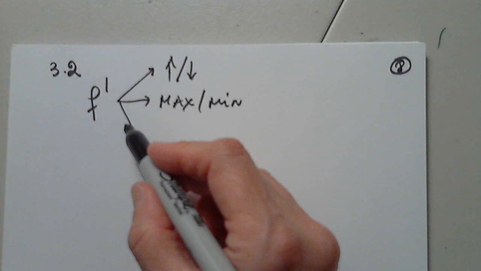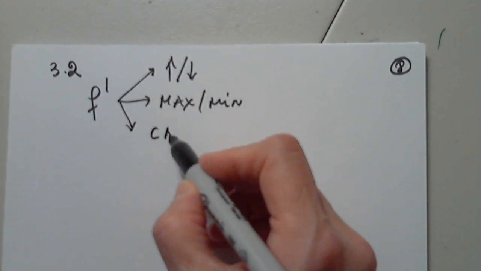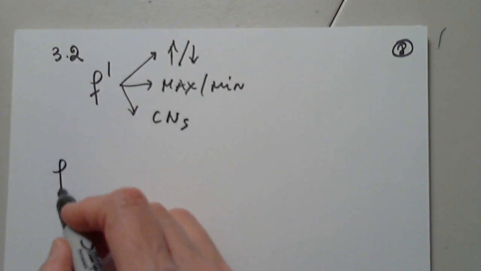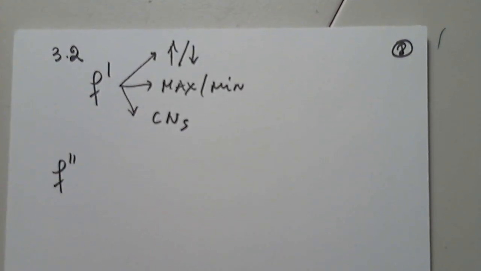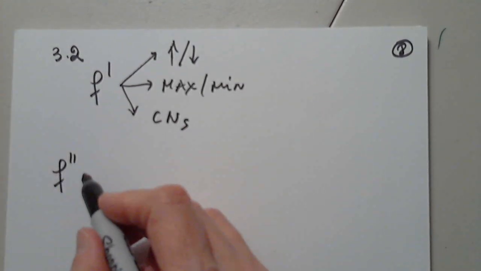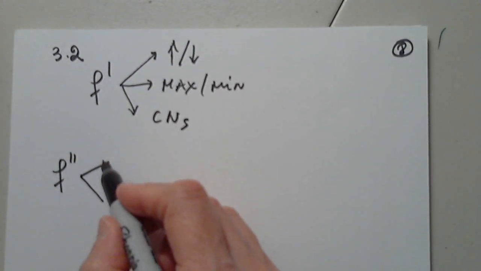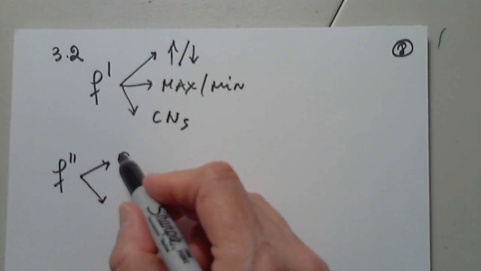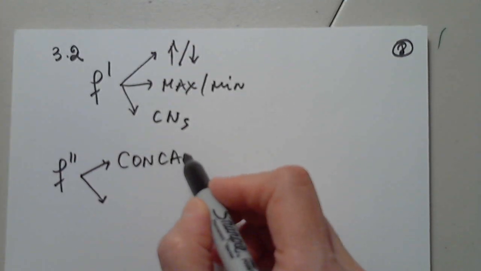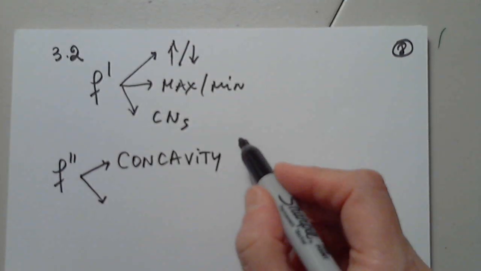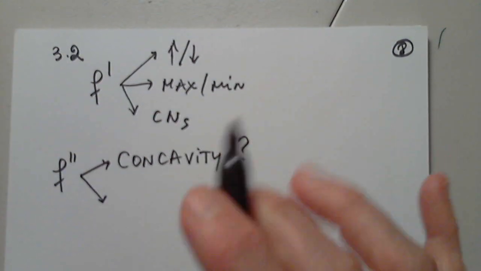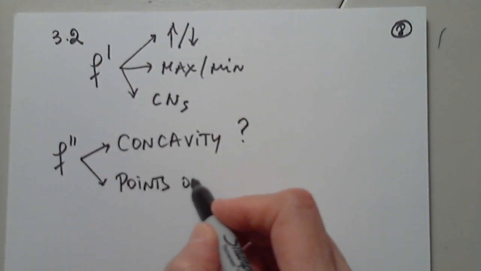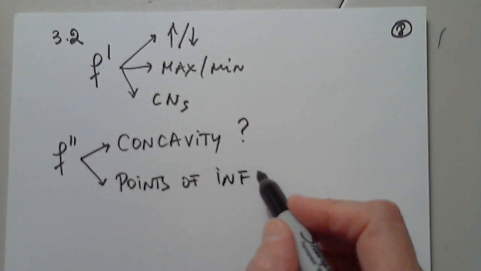It gives, of course, critical numbers that are related to this. But what about the second derivative? And no, we're not going to go beyond the second derivative. What will the second derivative give us? The second derivative will give us something called concavity. What is this? I'll explain in a minute. And also gives points of inflection.